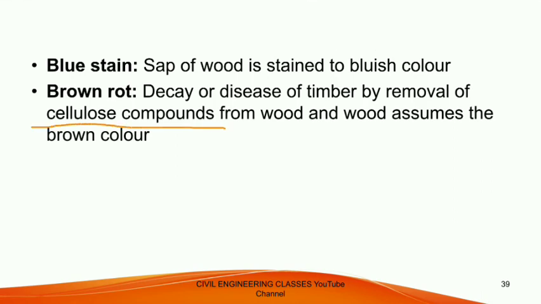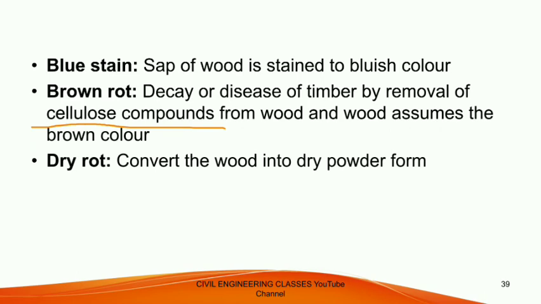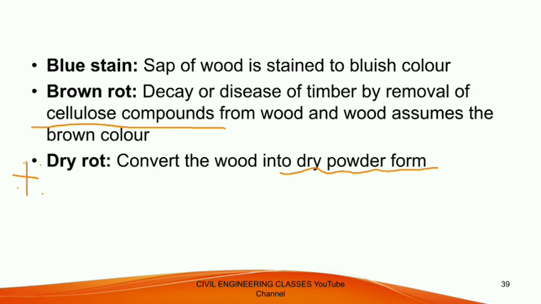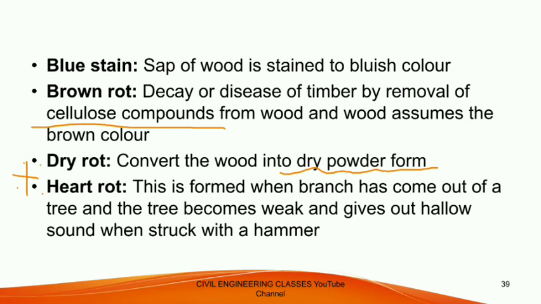Brown rot. Next one is dry rot. It is a very important one being asked in many exams. Dry rot means due to the attack of the fungi, the timber gets converted into dry powder form. That is called dry rot. Next one is heart rot.